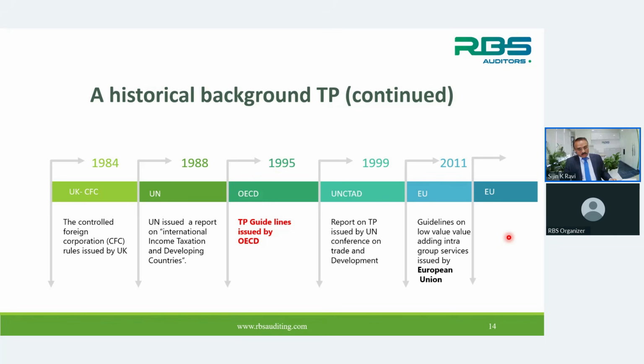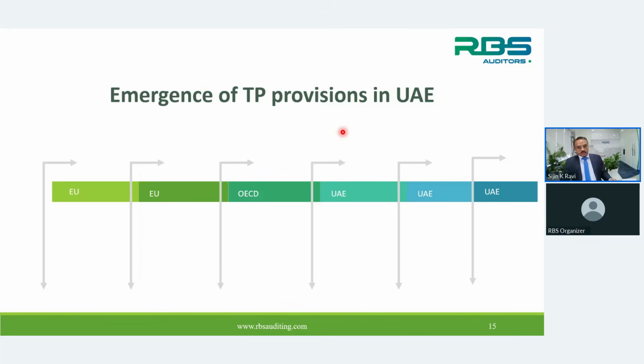Then guidelines on low value adding intra-group services were issued by the European Union in 2011. And in 2016, a communication on a fair, efficient corporate tax system in the EU by the European Union. So let's see what about the TP relating to UAE. In 2017, the European Council announced a list of non-cooperative jurisdictions for tax purposes.